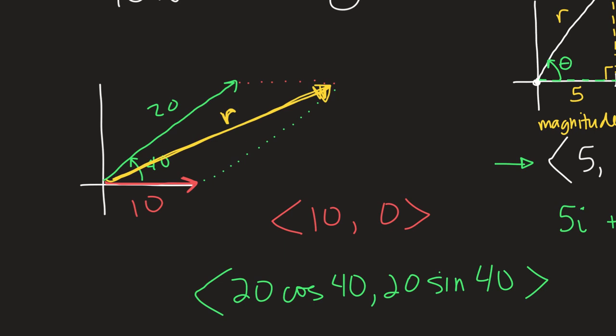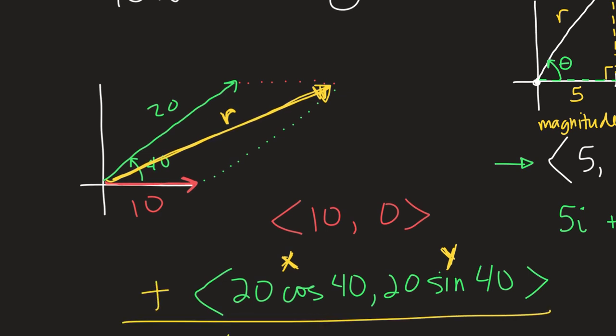This is why we're doing it here: polars are the exact same thing. If you had a polar point, the conversion is the exact same. We would add these two together to get the resultant vector, then use the Pythagorean theorem, just like we did a second ago, to find the length of the resultant, and find the angle using the inverse trig. So that's two things that we would do.